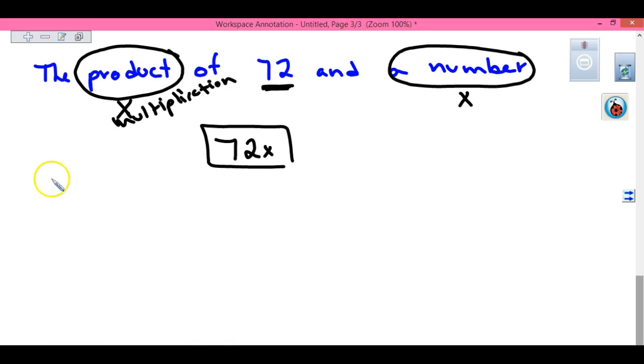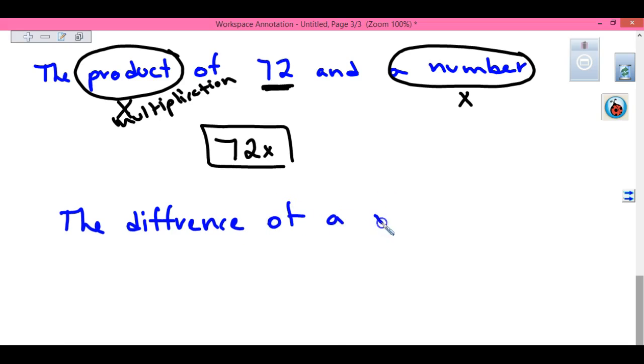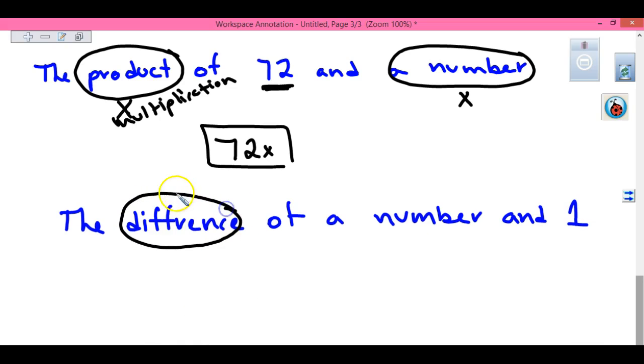What if we have the difference of a number and 1? What does difference mean? Subtraction. Difference is subtraction of a number. What's a number? A variable.